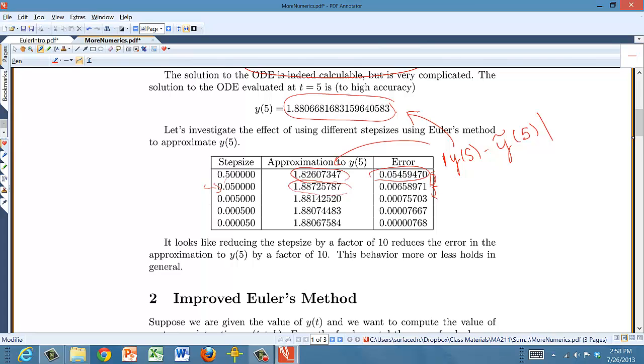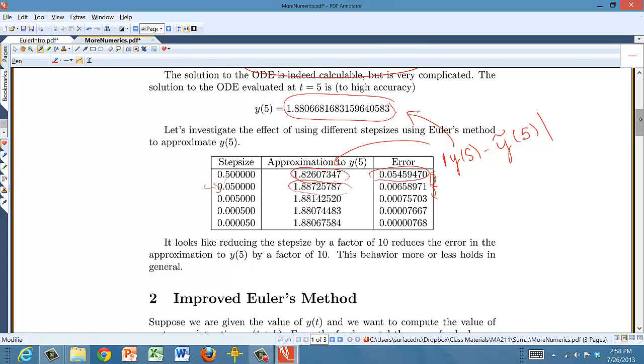With Euler's method, reducing your step size by a factor of 10 decreases the error in your approximation by roughly a factor of 10. Okay, and that's true for most differential equations that you're going to come across. Using Euler's method, reduce the step size by a factor of, say, alpha, you'll reduce the error by a factor of alpha. So that's quite nice.